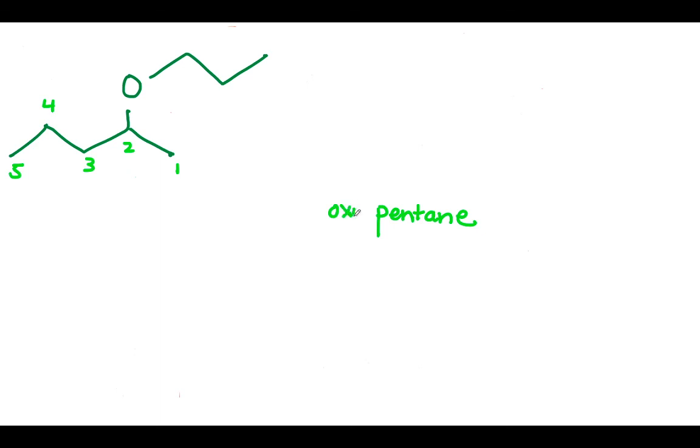I know that this is an ether, so I've got to put the oxy there. And then I've got a 3 carbon chain here. So that would be prop. So prop-oxy-pentane. And again, I have to specify which carbon the oxygen is attached to on the longer chain. So the longer chain is the pentane chain. It is attached to carbon number 2. So this would be 2-propoxypentane.